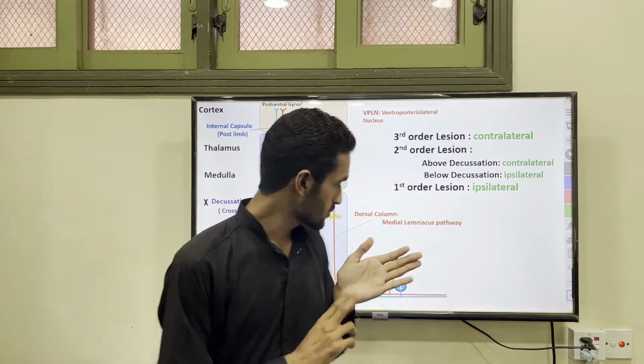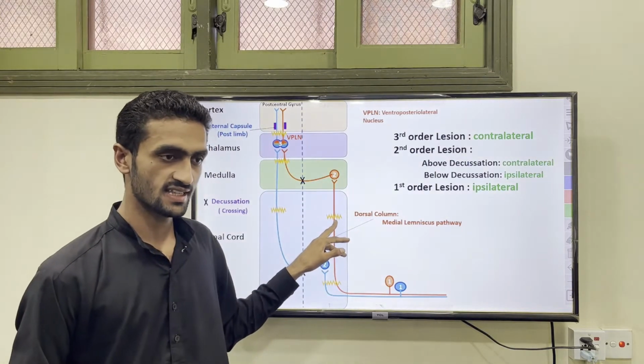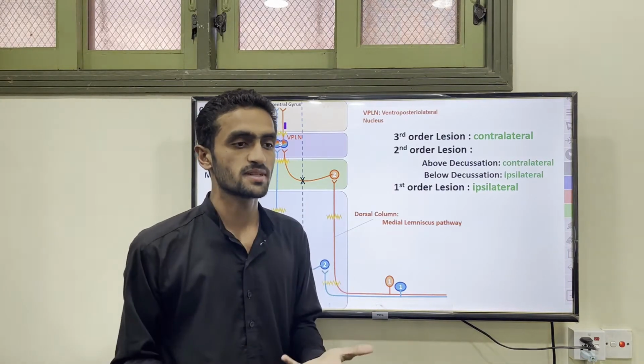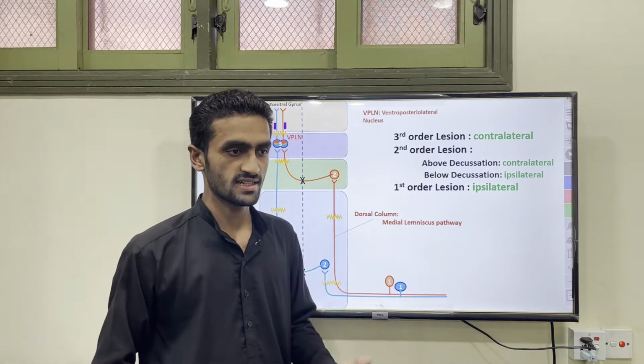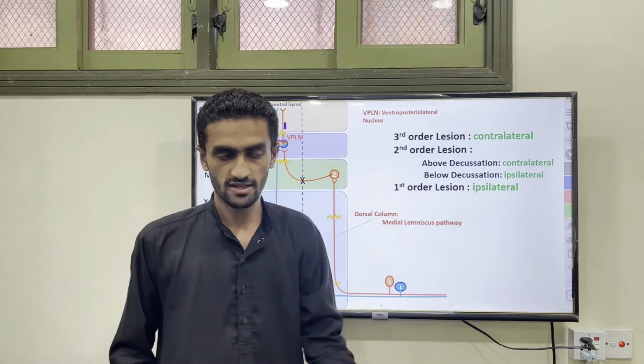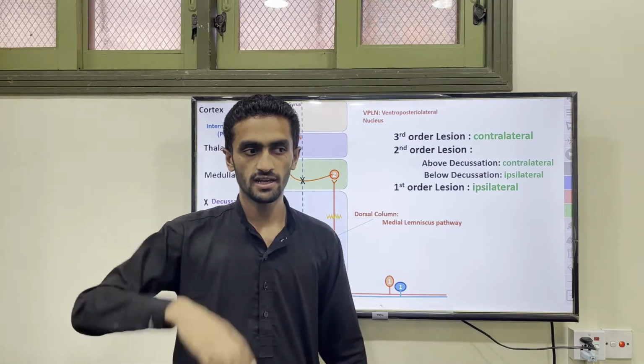So if the loss is at this level, ipsilateral, the loss of proprioception, vibration and tactile discrimination will be on the ipsilateral side.